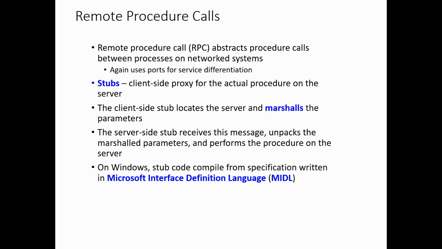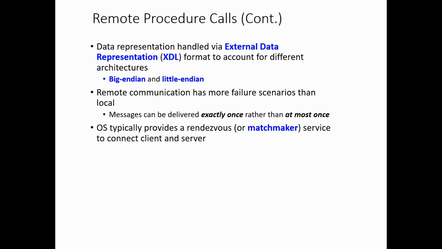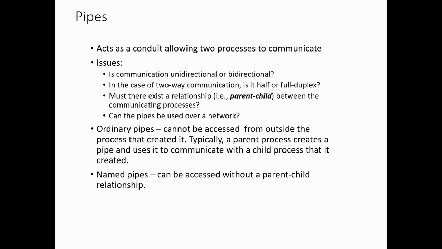Just get to know how both client and server communicate with each other in remote procedure calls by making use of the matchmaker and daemon on the server, right? Okay. And in Windows, the code is compiled from a specification written in MIDL, which is the Microsoft Interface Definition Language. Okay, I'm not going to talk much about it.